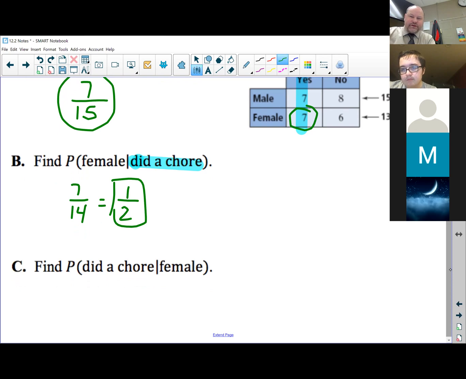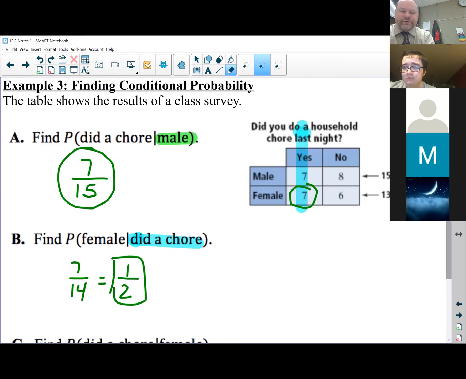The last one here, what is the probability that a student did a chore given they were female? So again, I'm going to erase here a little bit. So now the given is female.